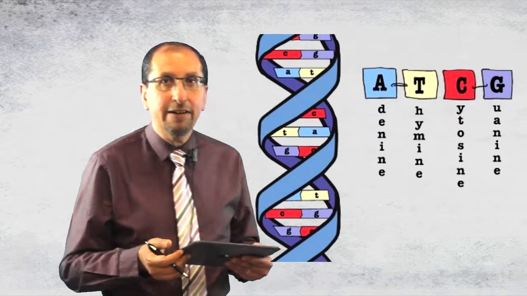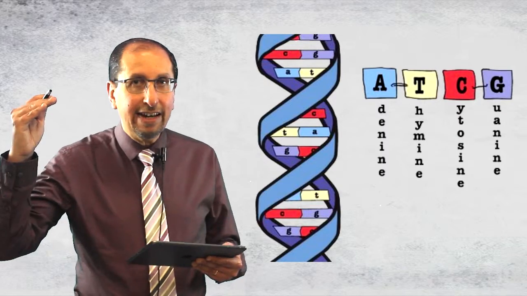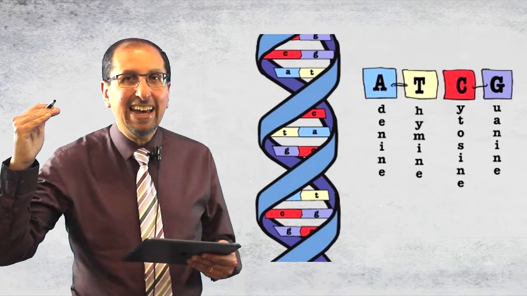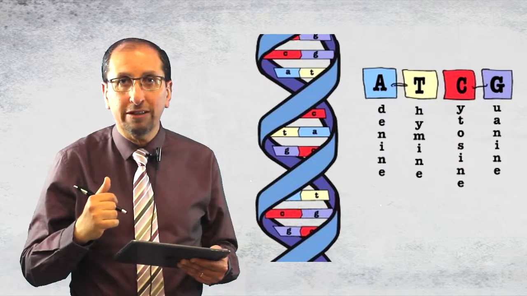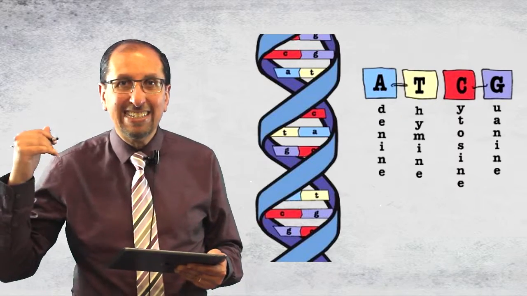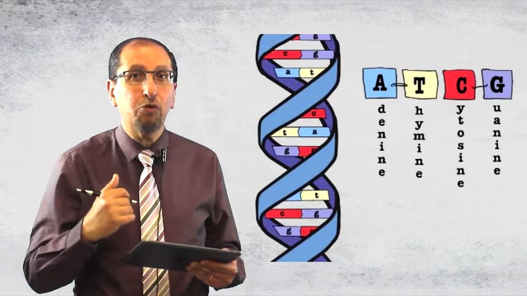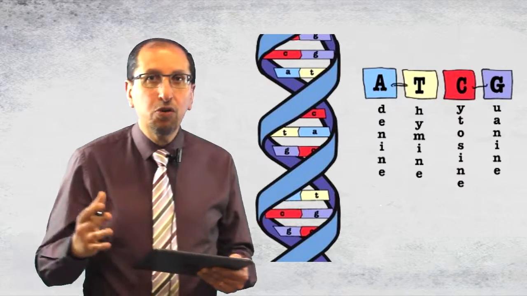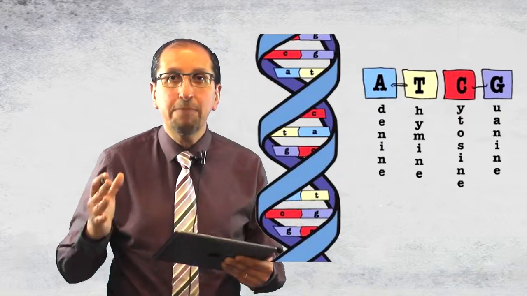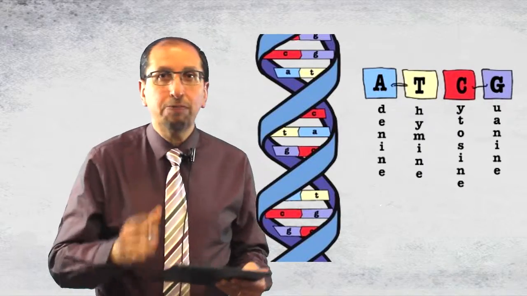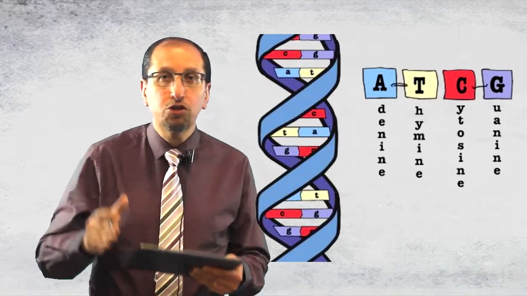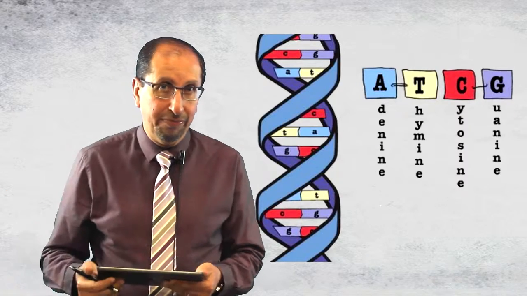And as you can see, wherever you see adenine, the A, you're going to see a thymine, the T, attached to it. And wherever you see a C, the cytosine is going to be attached to a G, which is the guanine. And we call this the rule of complementary base pairing. Each A should pair with a T. Each G should pair with a C, and so on.